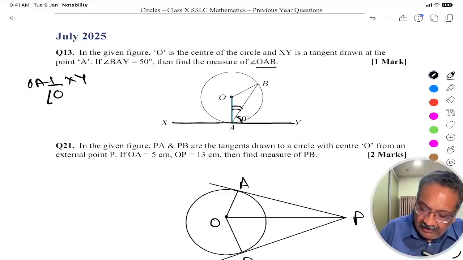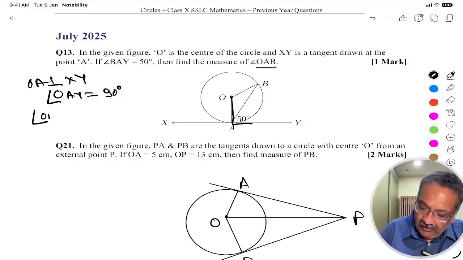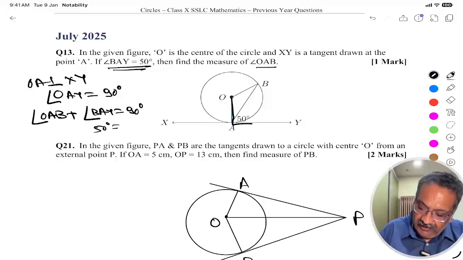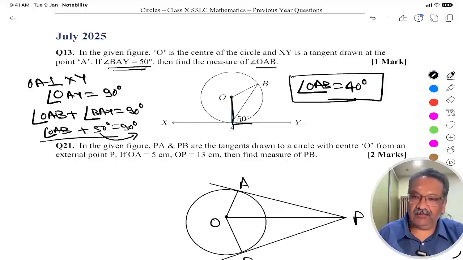Therefore, angle OAY is equal to 90 degrees, right? Now, what is angle OAY? It is nothing but angle OAB plus angle BAY, which is 90 degrees. Okay, BAY is given to be 50 degrees, plus angle OAB. Correct? Therefore, 90 minus 50 gives 40. Angle OAB is equal to 40 degrees. Straightforward answer.